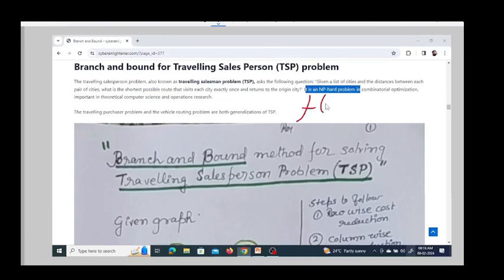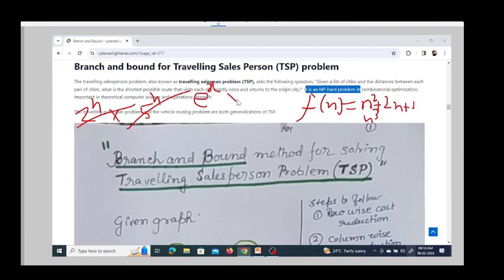Let's say this is f(n) equal to n square plus twice n plus 1. This is a polynomial, okay students? Maybe n cube also a polynomial. n to the power 4 also polynomial, but 2 to the power n is not polynomial. This is exponential. 5 to the power n is not polynomial, it is exponential. e to the power x, any time complexity of the format e to the power x is not polynomial.